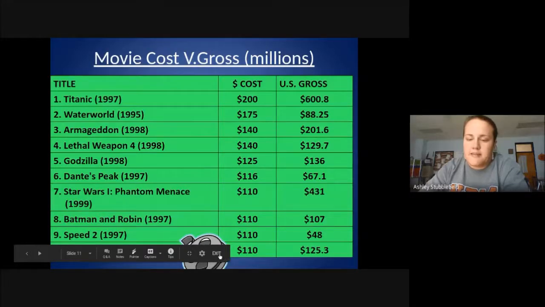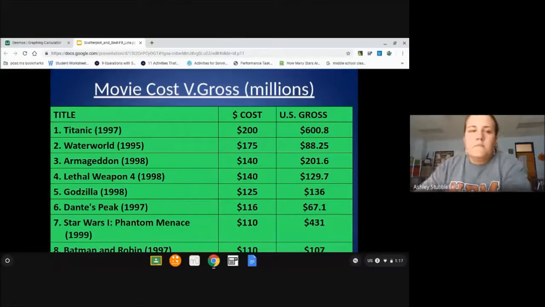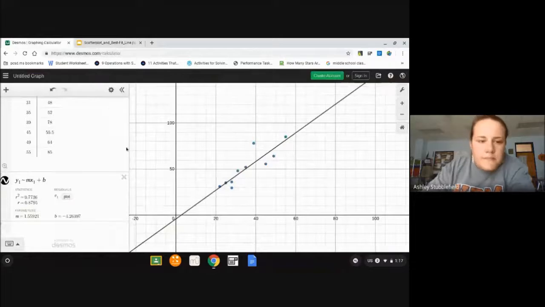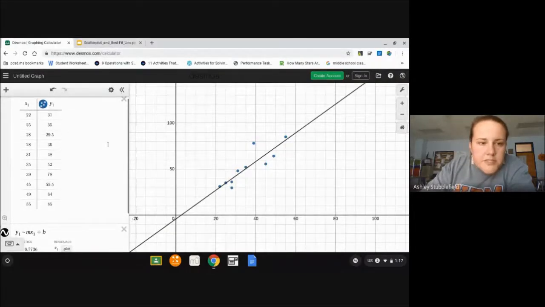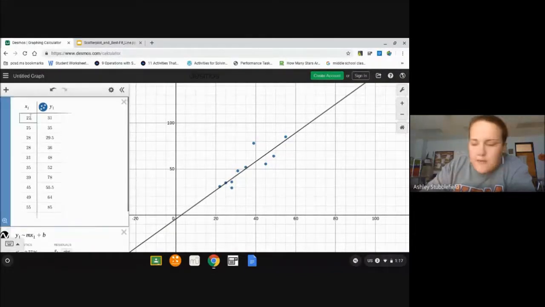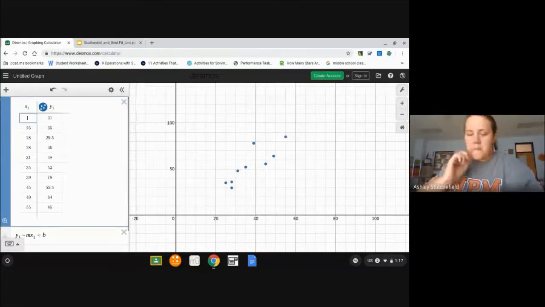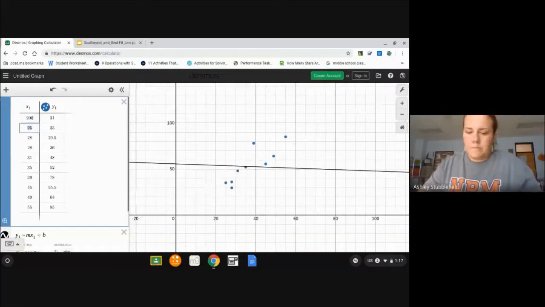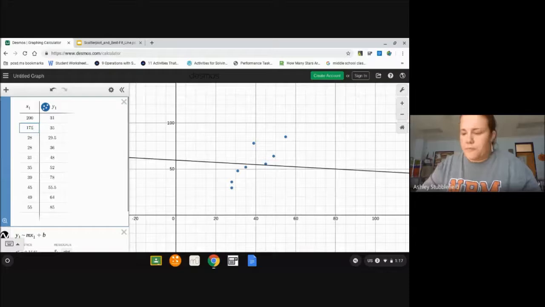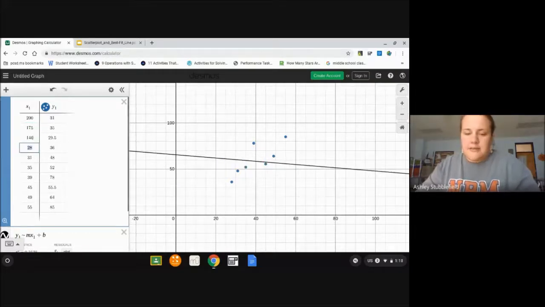So let me swap back to Desmos one more time. Now I'm just going to edit this table that we have here. So the line will probably do some crazy things while I'm typing these numbers in.